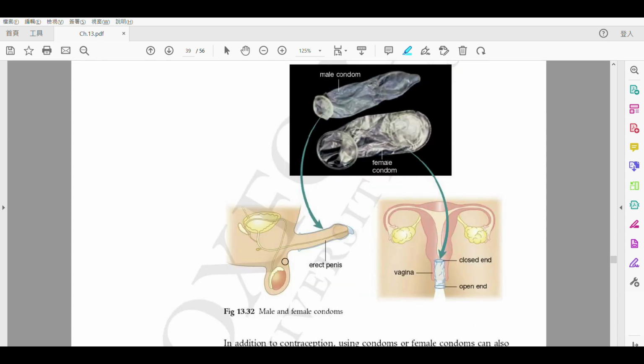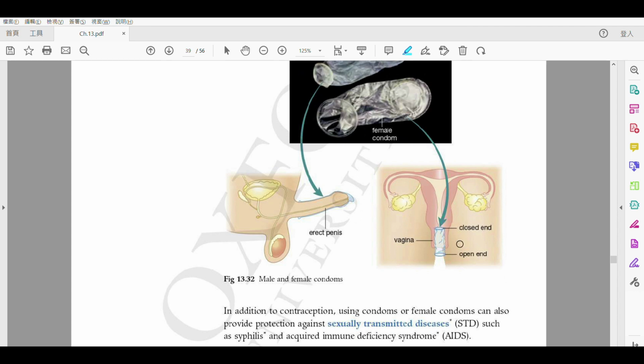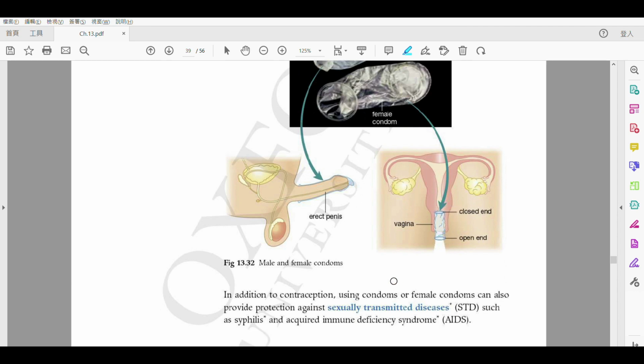So the male condom is worn over your penis, and the female condom is inserted into the vagina.